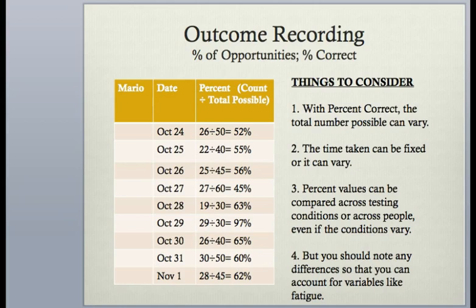So here with Mario, we have occasions where he's only asked to complete 30 problems and he gets 29 of them, and that might be because he has an hour. Or he might be asked to do 60 problems, he only does 27, but it's because he only has 30 minutes. And so we need to make a note of what those differences are, so we can go back and talk about our percentage values with a little bit more sophistication.